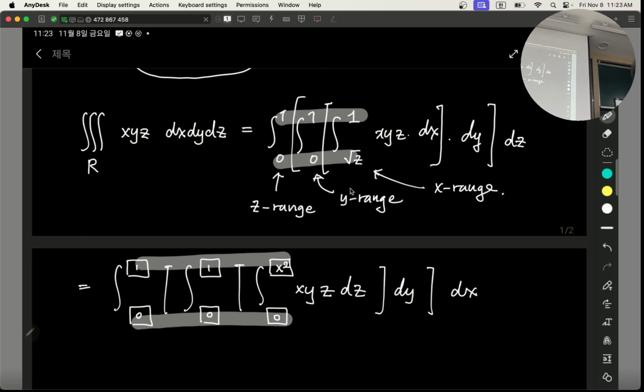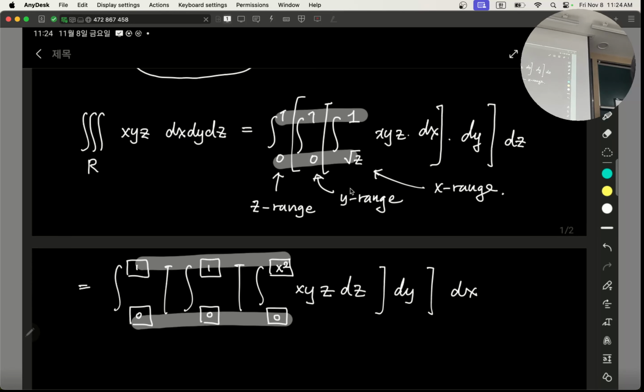Okay, so what's the rule? There's no rule. You have to look at the geometric picture. You have to somehow visualize your domain and then translate it into the range. So that's how I do it. Sometimes, in the old days, I've seen some students do this purely arithmetically, changing the representation of the range or the region.